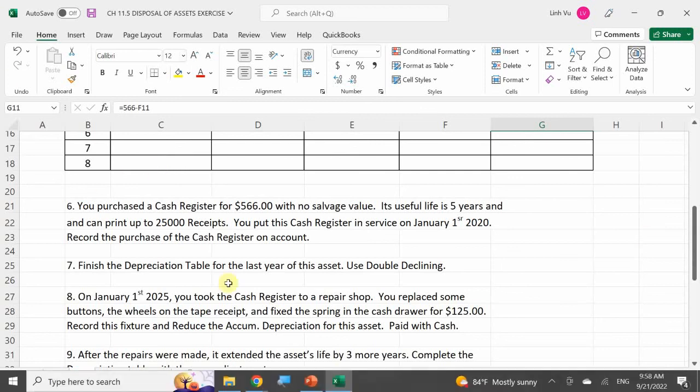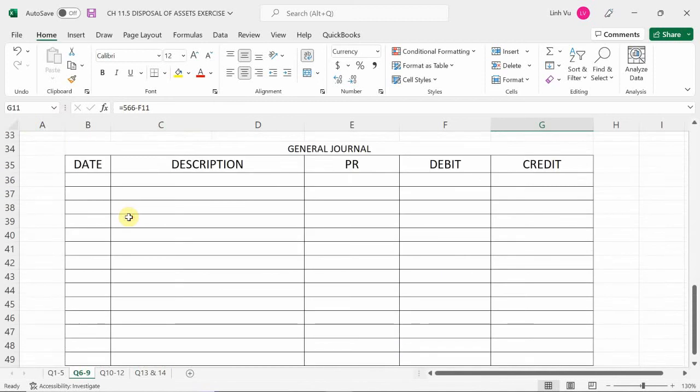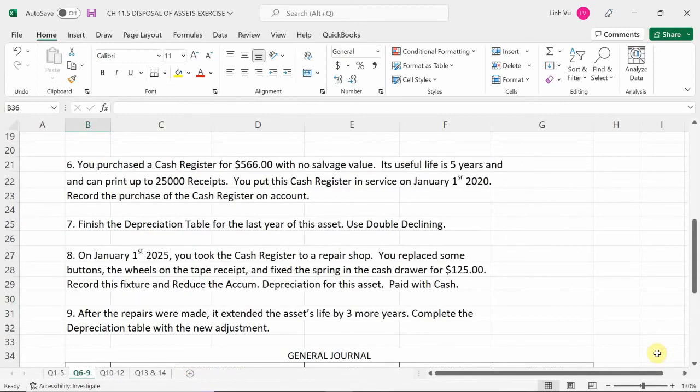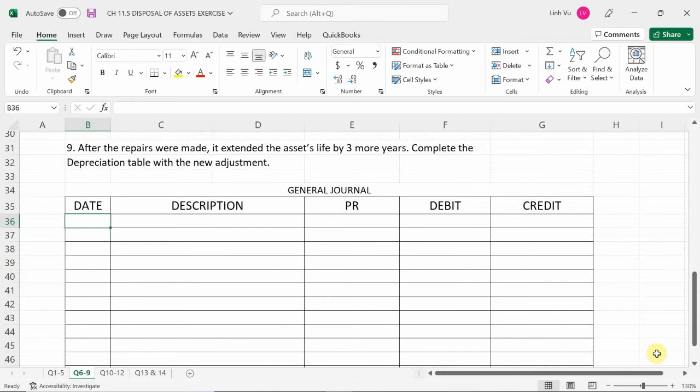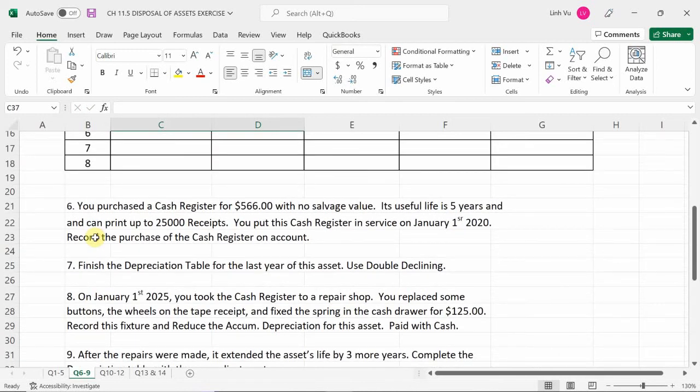So in this case, I bought a cash register on account. So how do I recognize this? On January 1st, 2020, I purchased a cash register. So how do I record that?